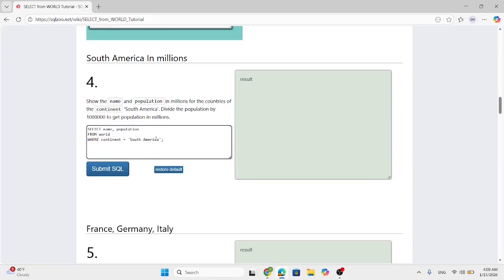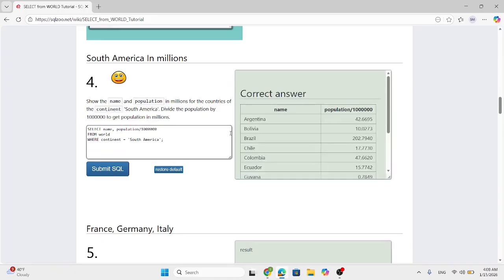Divide the population by a million to get population in millions. Yeah, the answer is this. So in this way, we are going to show our population in millions.